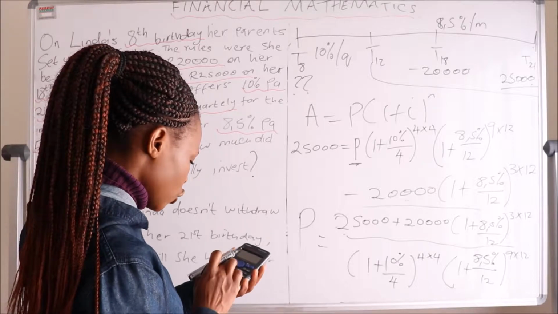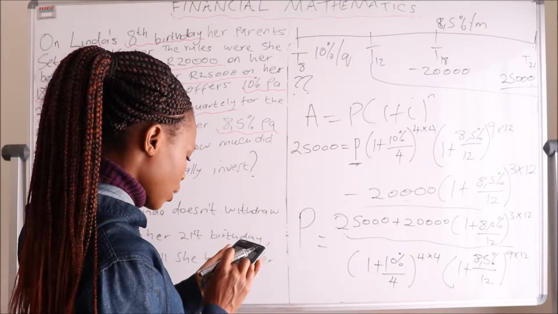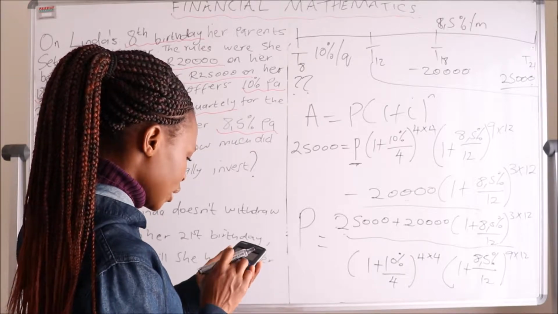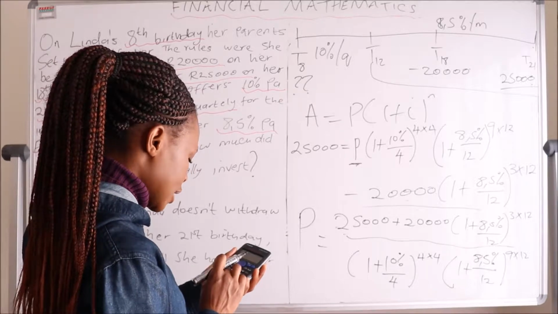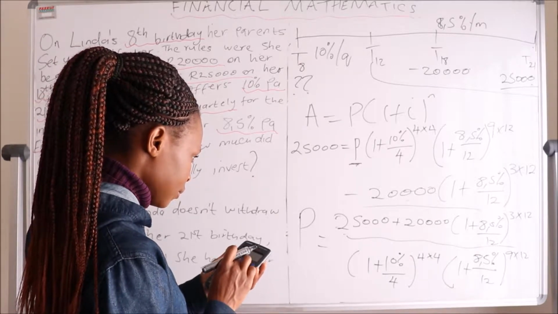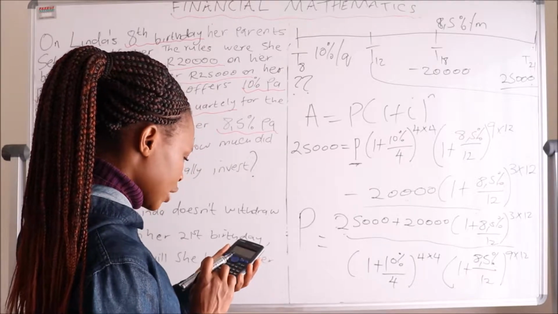So here we'll have in the denominator 10% again, divided by 4, it's compounded quarterly, and to the exponent of 16 into 1 plus 8.5% divided by 12 to the exponent of 9 multiplied by 12.